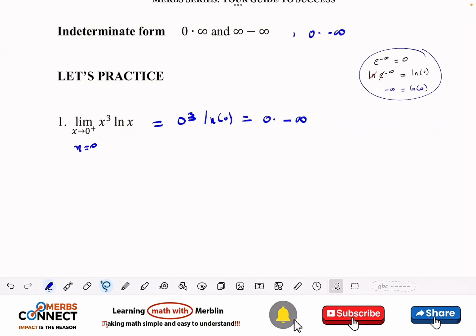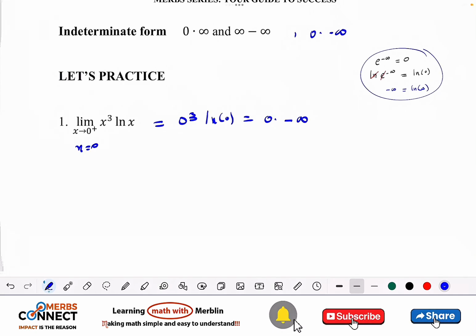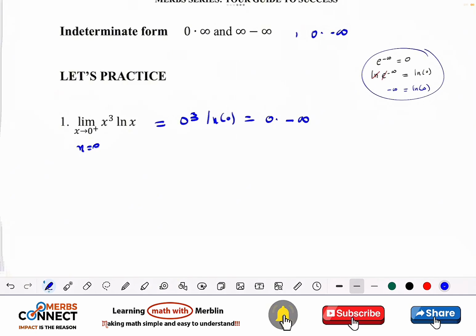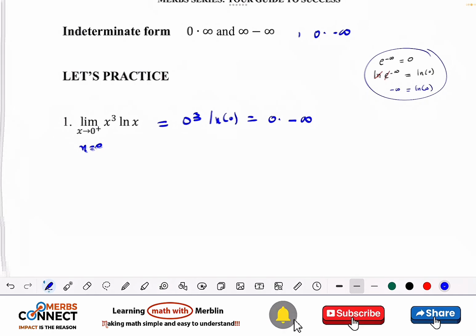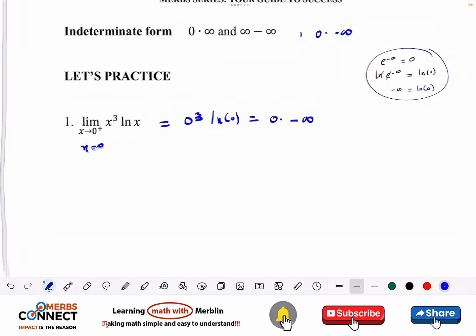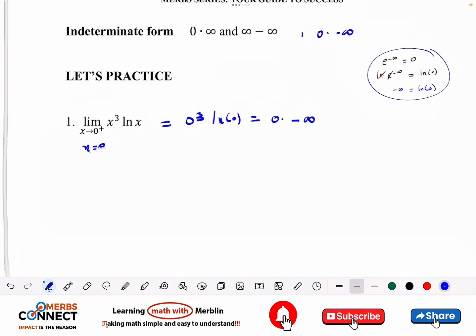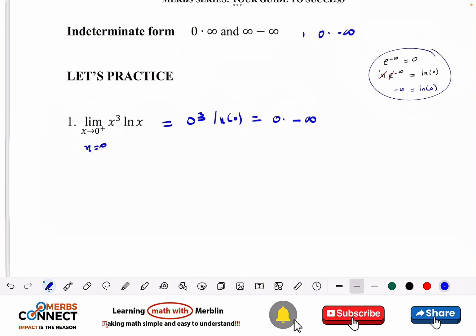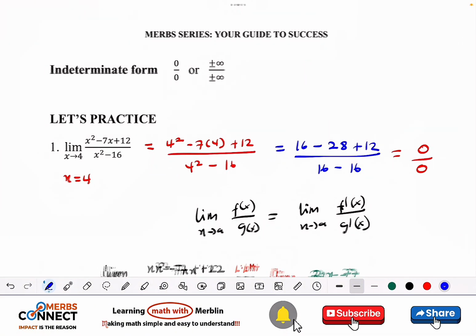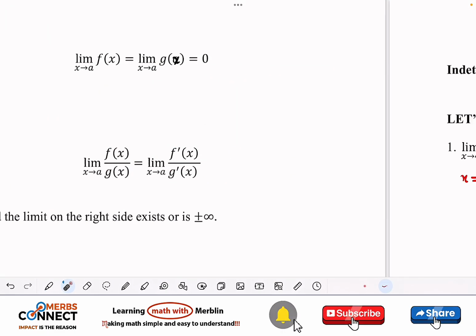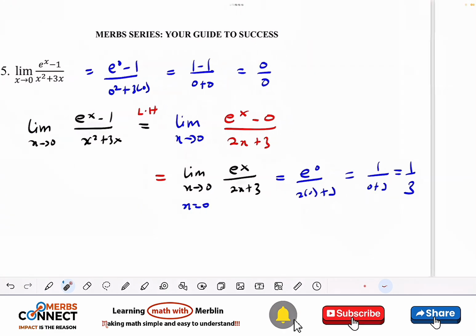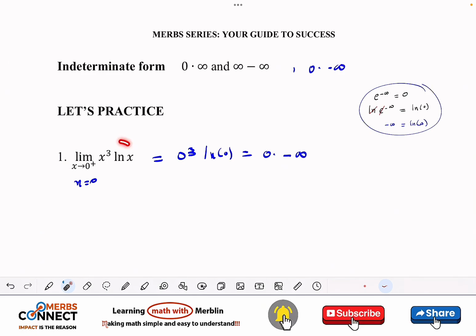Good. Now let's continue. It means that we can also apply L'Hopital's rule to it, right? So let's see what we can do. Now, you see, L'Hopital's rule should always be in terms of something over something. So what we need to do is write this function in the form of something over something.